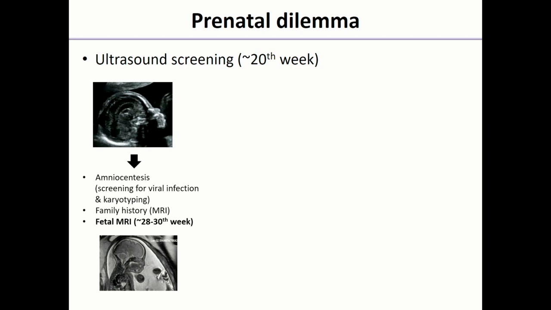The family is seen by a geneticist who assesses the family history and proposes to the parents to perform a brain MRI to see if the corpus callosum is normal or not. What we do in France, and probably also in all other European countries, is to perform a fetal MRI to determine whether this malformation is isolated or whether other malformations are present in the fetus.